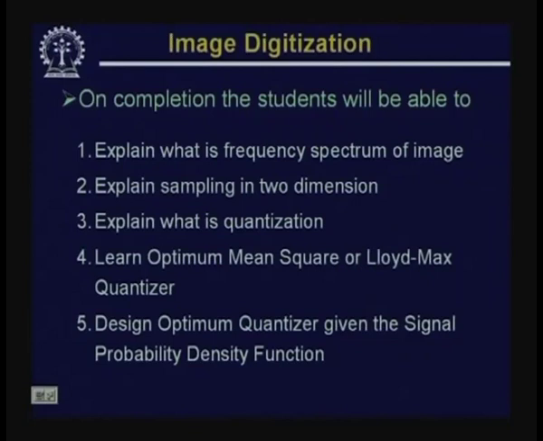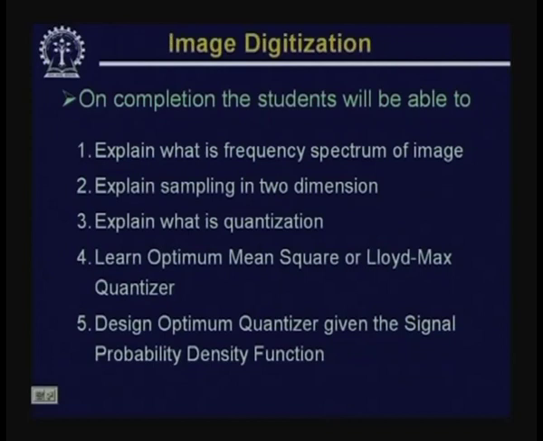In today's lecture, we will see the frequency spectrum of an image, and we will also explain how to sample the image in 2 dimensions. And then we will go to the second stage of the digitization process. We have already said that image digitization consists of 2 phases.